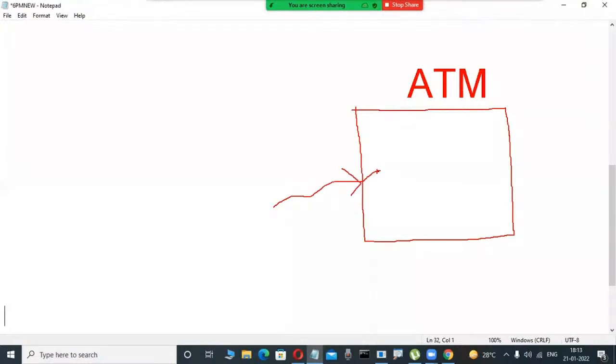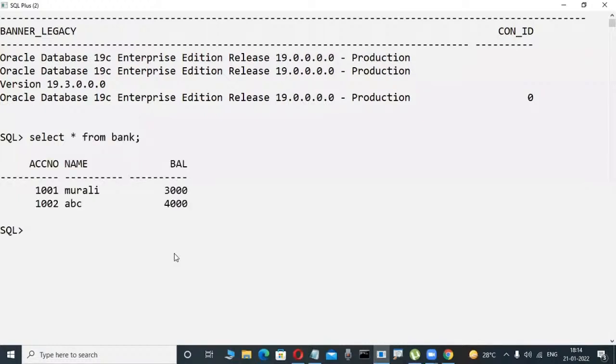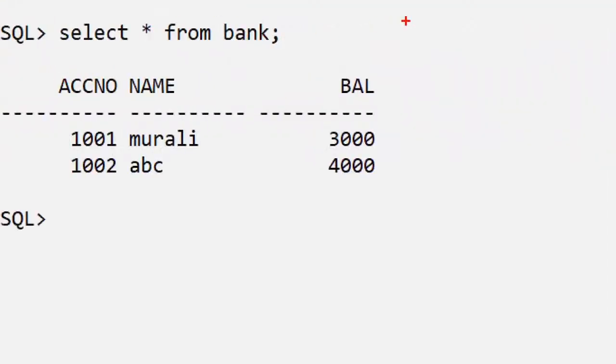Now check it out, slowly observe the screen. Suppose in this database, bank is a table, for example. Just observe the scenario, it is very easy to understand. This is a bank table, and in a table format only we store the data.